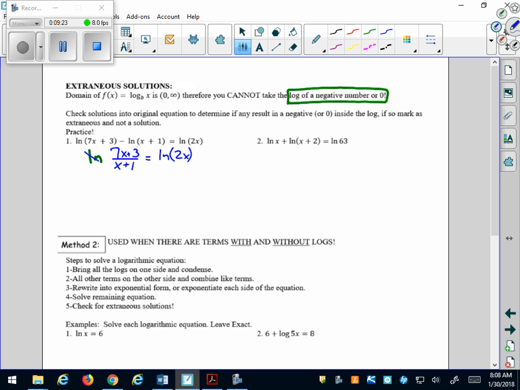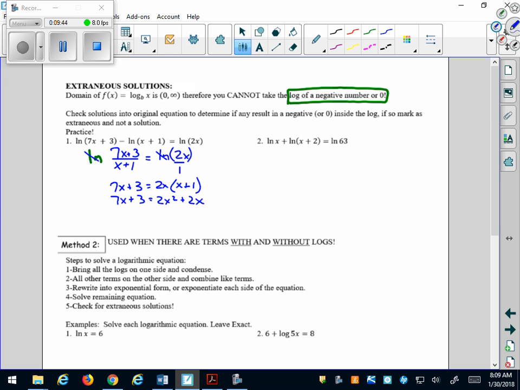And then our ln's kind of cancel. Think of this as cross multiplying. We get 7x plus 3 equals 2x times (x plus 1). Well, 7x plus 3 equals 2x squared plus 2x.